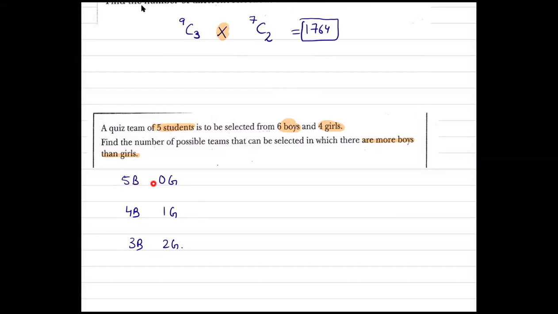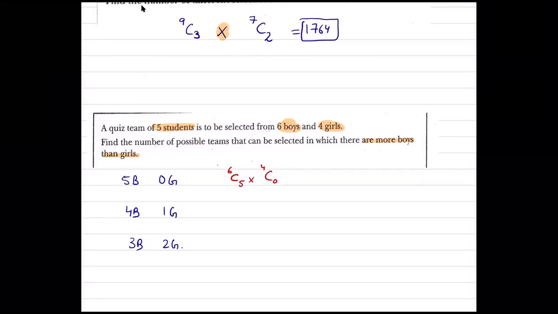If I am having 5 boys and 0 girls, that means that out of the 6 boys I need to choose 5 boys, and out of the 4 girls I do not need to choose anyone, so I can just ignore this or write one.